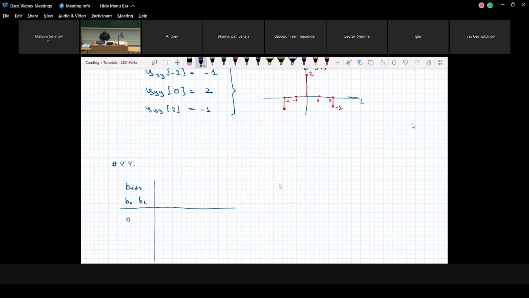So we have 4 different options for 2 possible bits, and for each pair we have X0, X1, X2, X3. If we transmit two symbols 0, 0, then at the output we have the following sequence.